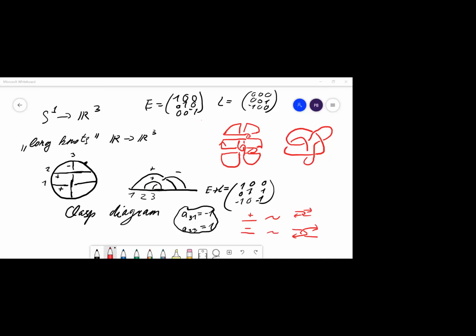Okay, cool. And that's some mirror operations. And that's why when we discussed orientation, I told you that it's not very important, because we can work with counterclockwise oriented clasp diagrams and with clockwise oriented clasp diagrams. The first one will be called a descending clasp diagram and the second one we call just a clasp diagram, but it really doesn't matter.